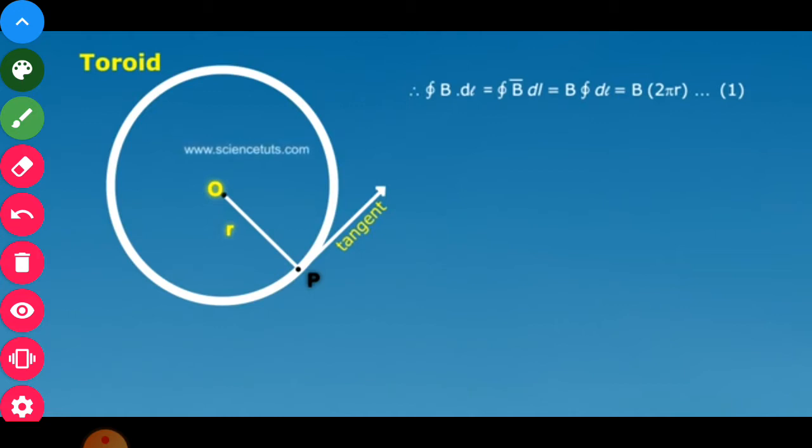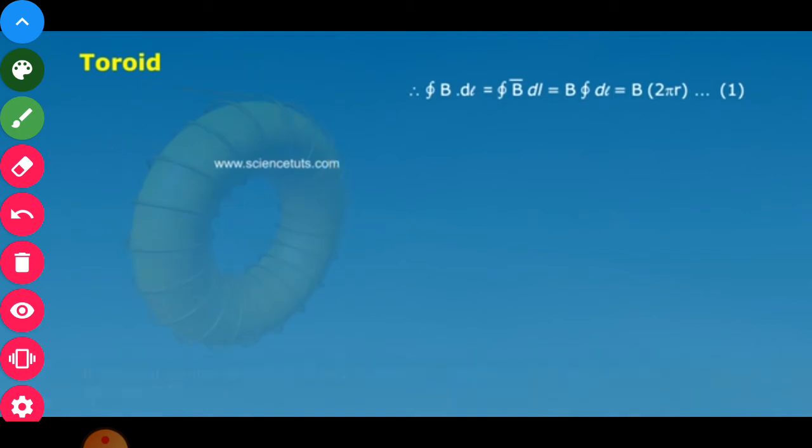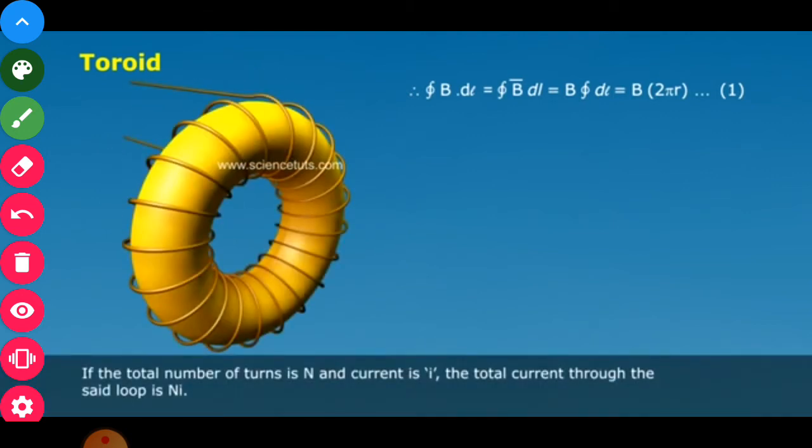So you can see this integration, closed integration B dot dl is equal to B into 2 pi r that you are getting, as theta is 0 between B and dl.